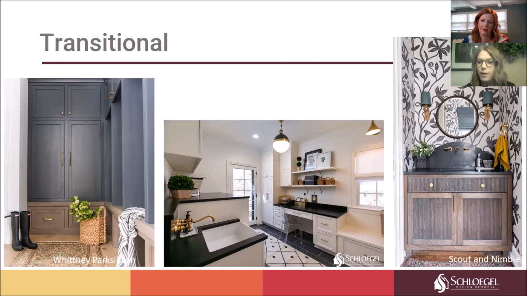And then on the right, you have this really pretty little powder bathroom where they're mixing a fun wallpaper with a more traditional looking vanity cabinet, as well as the lines that go on the backsplash. It's a very traditional look, and the light fixtures. So pairing all that together, it's not necessarily traditional, but the wallpaper makes it more of a transitional look.